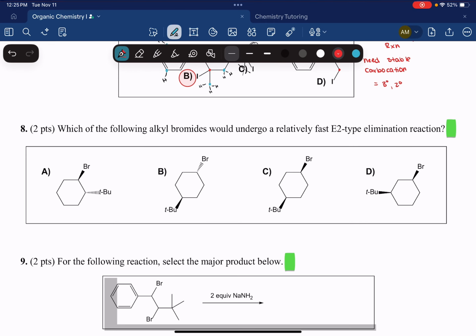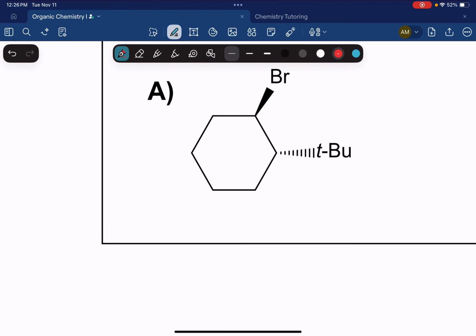Okay, which of the following alkyl bromides would undergo a relatively fast E2 elimination? Okay, so when we look at this, this is what we were talking about with the chairs, right? Let's make a chair of this. We'll label this 1, 2, 3, 4, 5, 6.